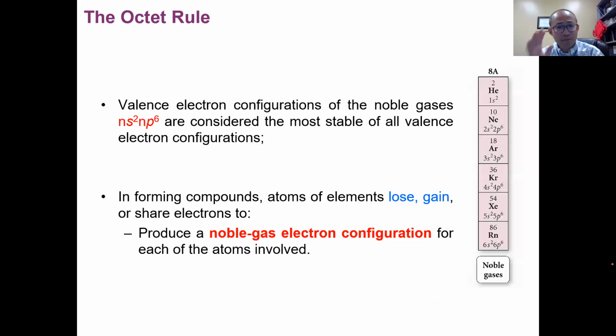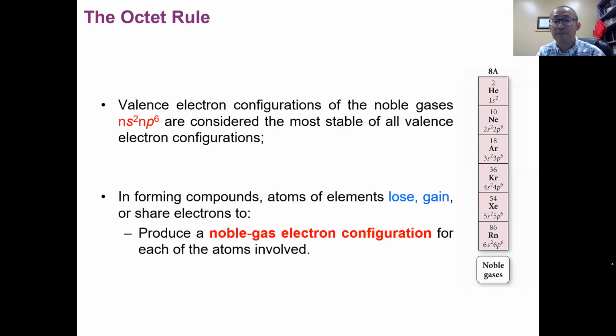Now, after we know the number of valence electrons, we also know a very important fact: the maximum number of valence electrons is 8. That is the noble gas configuration, ns2 np6. And we also know that noble gases are stable. The reason they're stable is that their valence electron count is 8, the maximum.